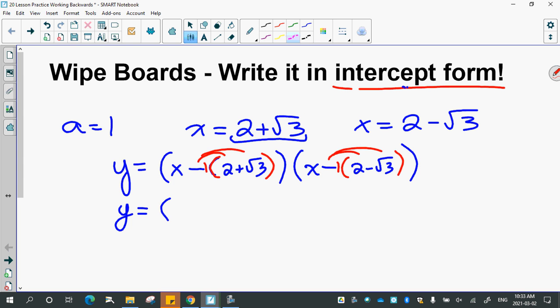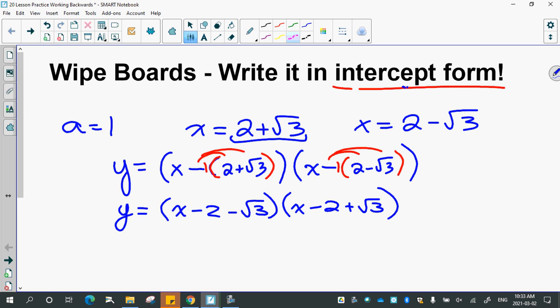So if I distribute that -1, I'm going to get x, -1 times 2 is -2, -1 times +√3 is -√3. And here I have x minus 2, -1 times 2 is -2, -1 times -√3 is +√3. So that would be the intercept form.